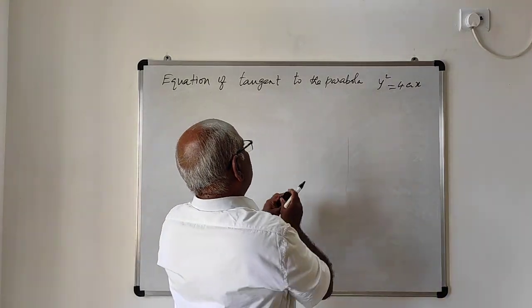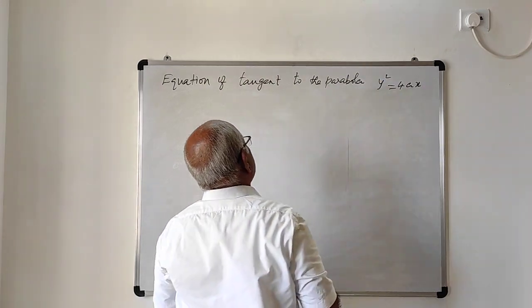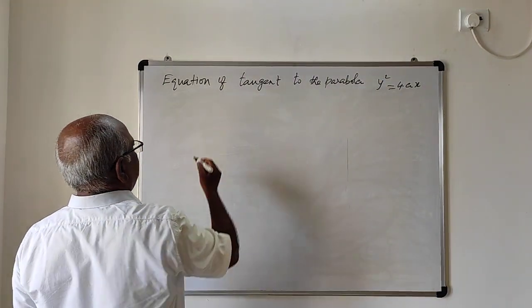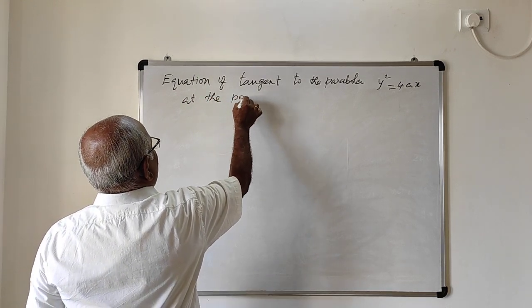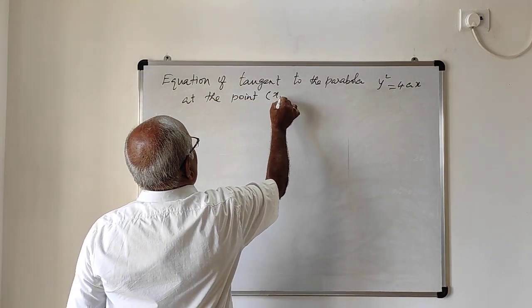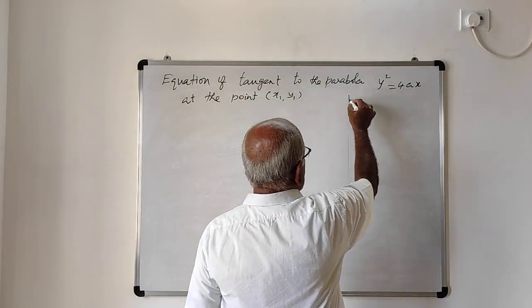Equation of tangent to the parabola y square equal to 4ax at the point x1, y1. So x1, y1 is any point on the parabola. We have to find the equation of tangent.